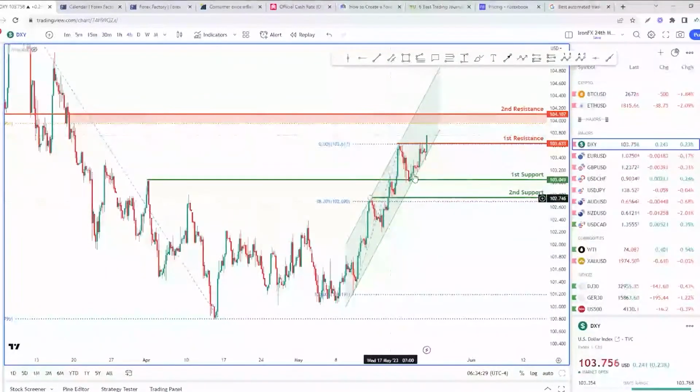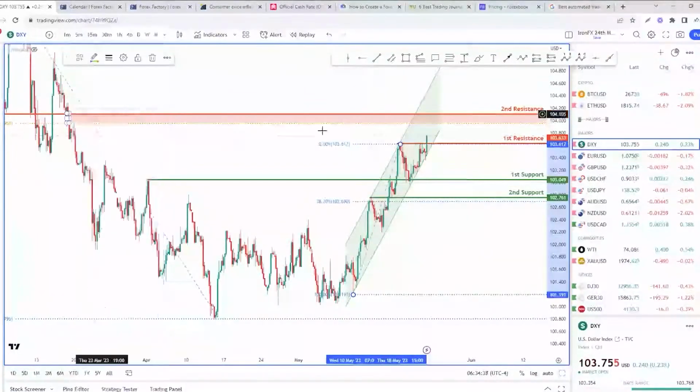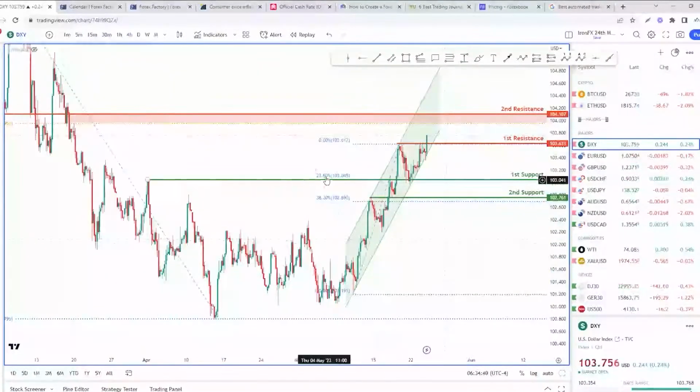Okay, so you can see it go up here, and we had also run a Fibonacci sequence here. Fibonacci retracements are done from the bottom left to the top right. So let's just ignore this current move here. As price rejected off this level of 103.60 and started retracing, we had our swing high over here.